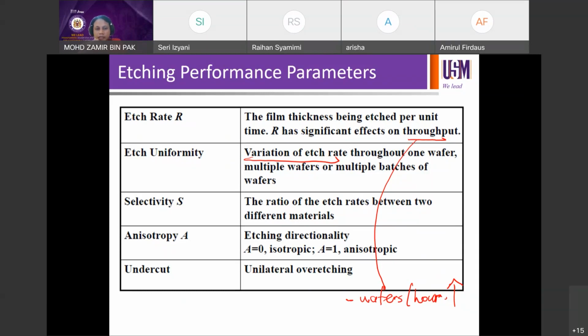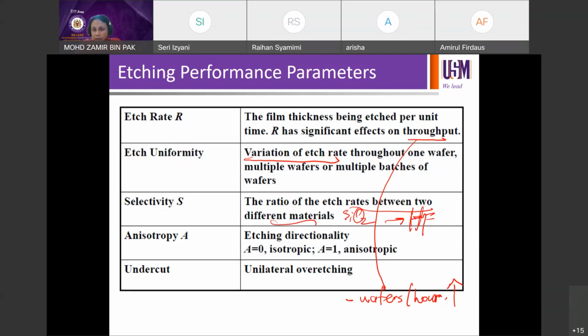Then the third one is selectivity, the ratio of the etch rate between two different materials, just like what we discussed yesterday about SiO2, which is etched by HF. Anisotropy is the next one.